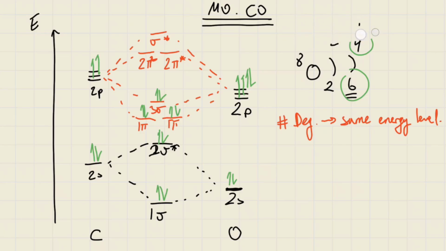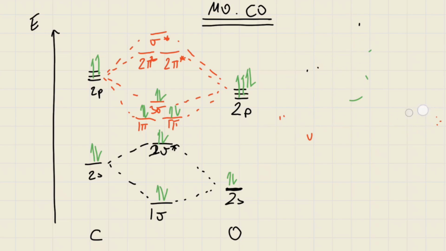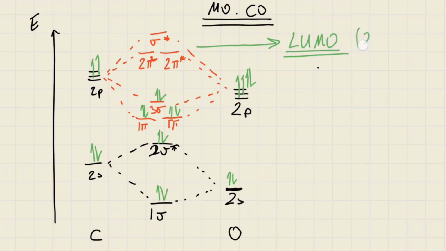I will clean this part, since I need more space here. So we have the LUMO orbitals, lowest unoccupied molecular orbital. LUMO is important, and we have two of them, two degenerate LUMO orbitals.